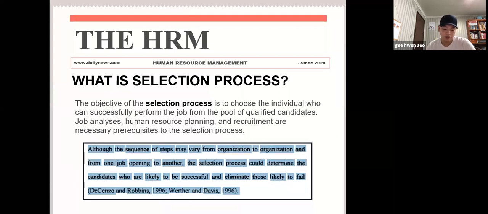The whole exercise might be called a rejection exercise, but it has a positive outcome in terms of the appropriate personnel selected. Although the sequence of steps may vary from organization to organization and from one job opening to another, the selection process could determine the candidates who are likely to be successful and eliminate those likely to fail.